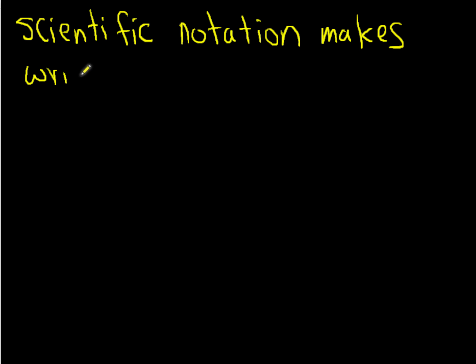Scientific notation makes writing these numbers much, much easier. We can use scientific notation to shrink them and to make writing simpler. But in order to use scientific notation, you have to know how to use the format properly.